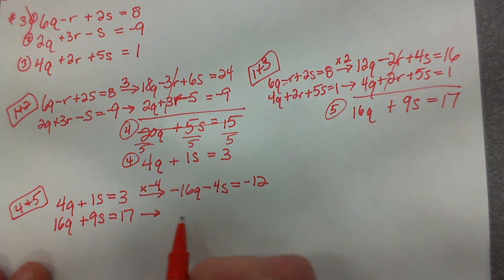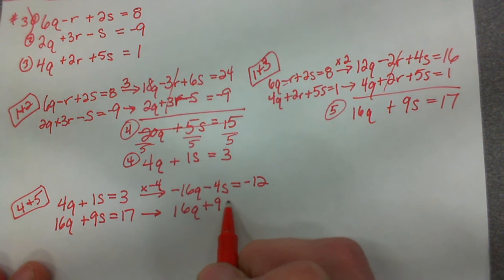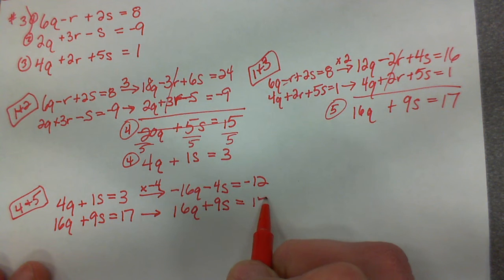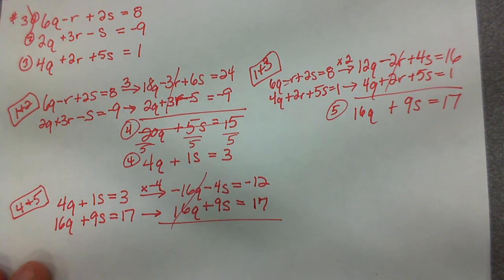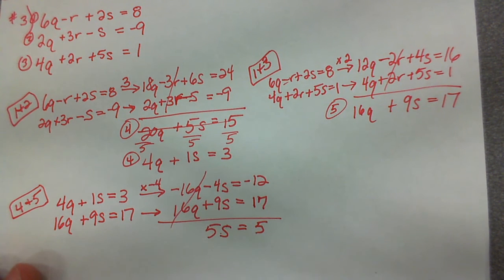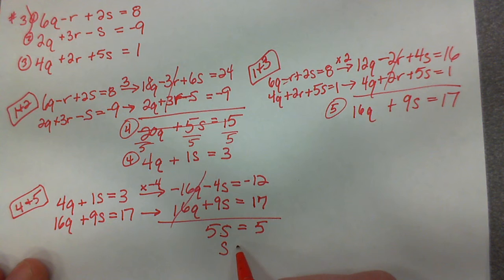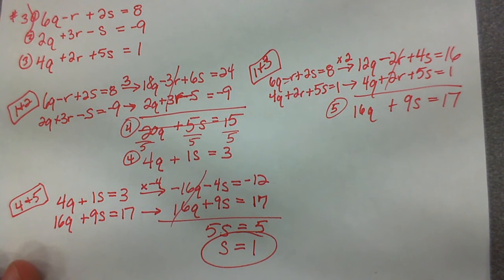This one, we're not going to do anything to. We're just going to rewrite. 9s equals 17. Oops, that's a 17. Combine together. Q's cancel. This gets you 5s equals 5. Oh, that's very nice. So s has to equal 1. So we've got s is 1.